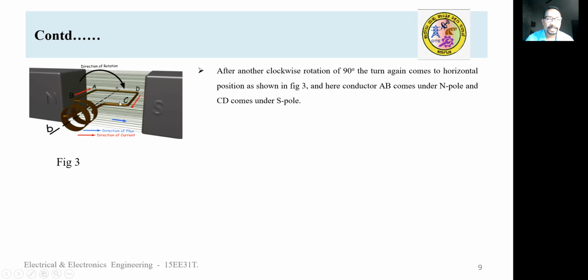In this position, initially the coil sides are moving parallel, then they become perpendicular, hence maximum EMF will be induced. But students, note down here, maximum EMF will be induced, but in the opposite direction to that of the 90-degree position.